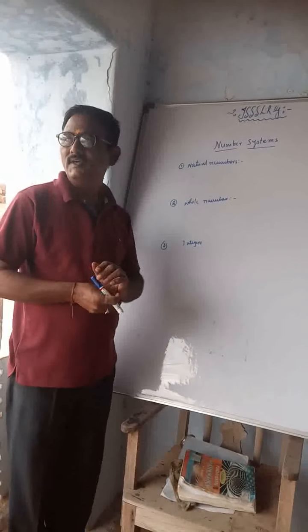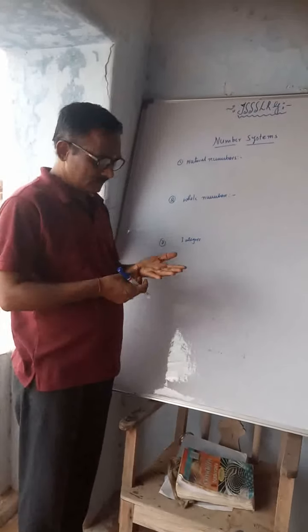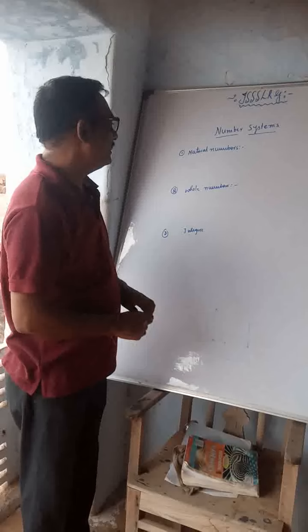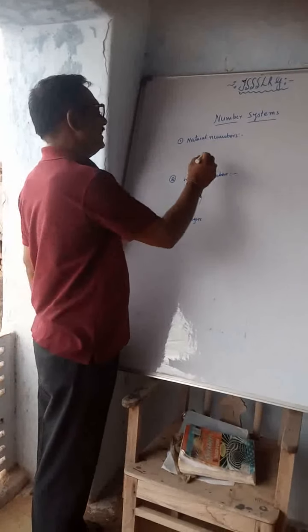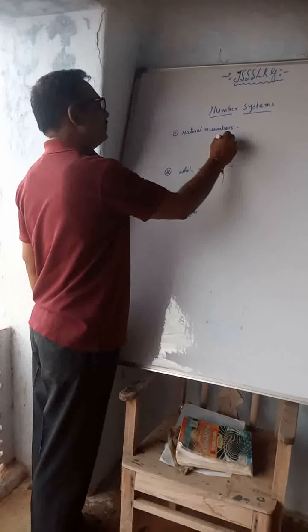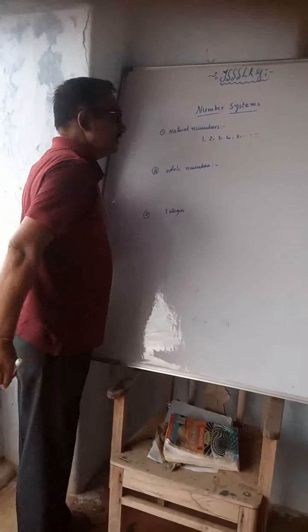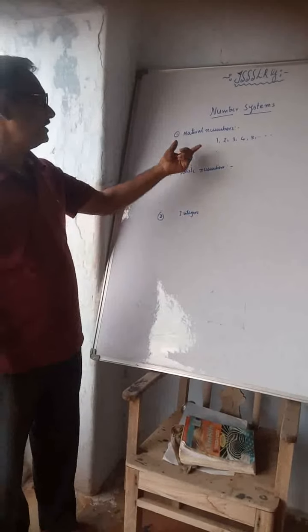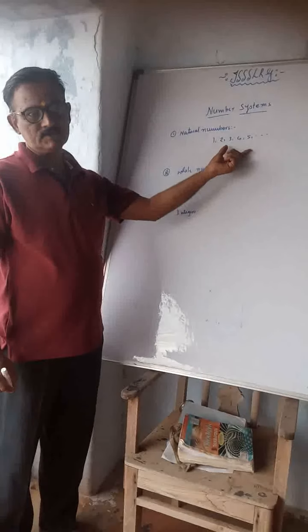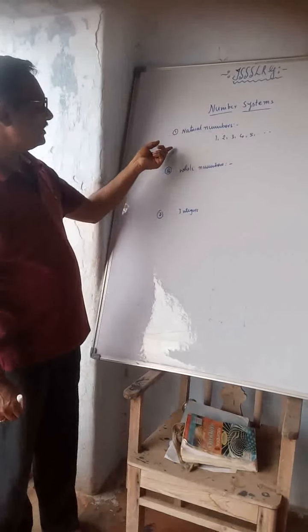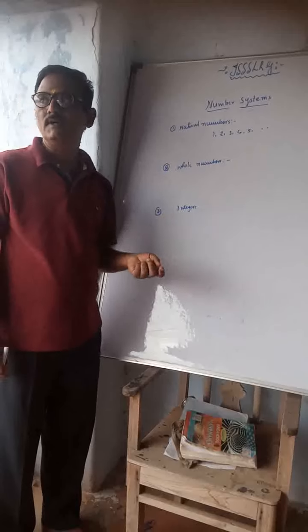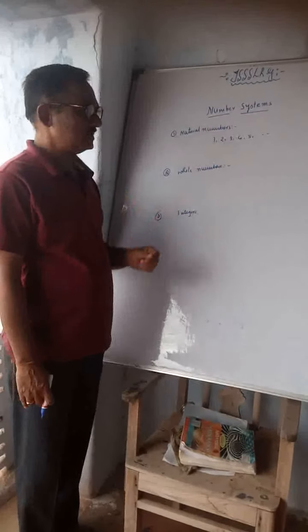Whenever the student enters school, he will learn some numbers, say 1, 2, 3, 4, 5. All these numbers we call the natural numbers. Now the student will study up to the 3rd, 4th, 5th classes.